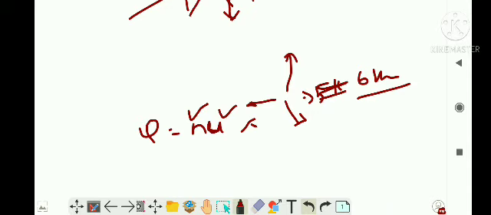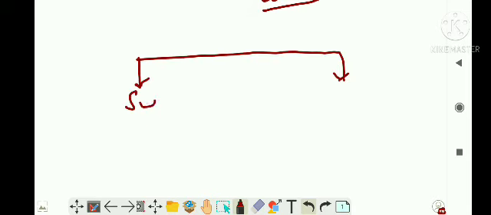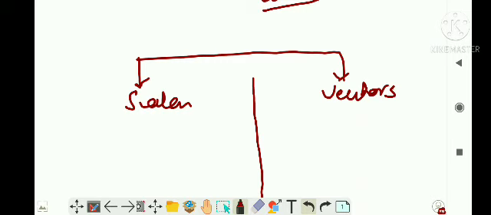There are some physical quantities where, along with the numerical value and the unit, you require direction, right? And those types of quantities are known as vectors. Clear? So all the physical quantities we can basically divide into two, that is scalars and vectors.